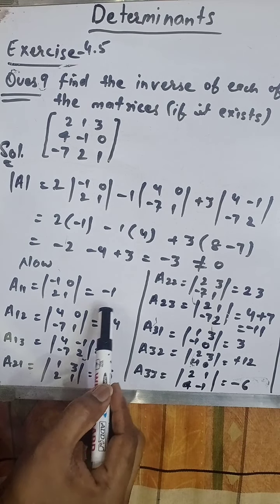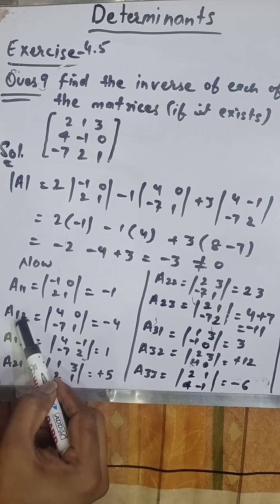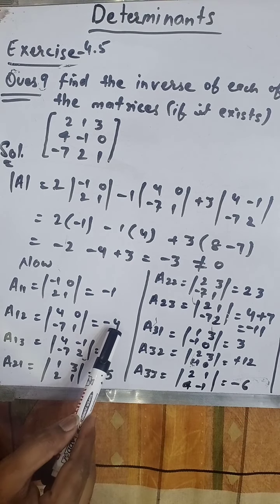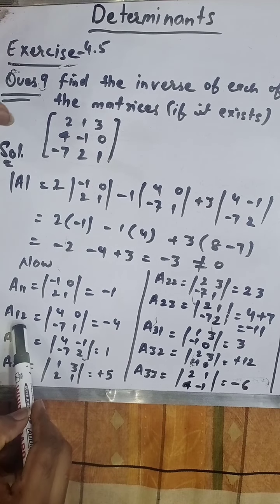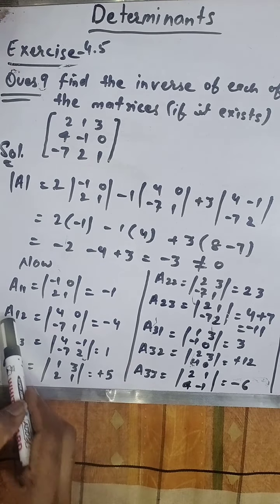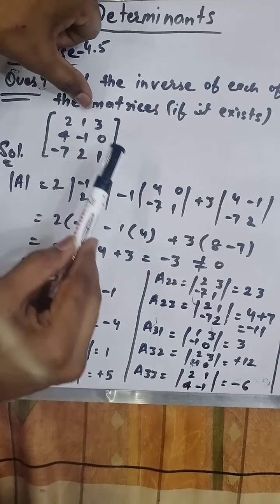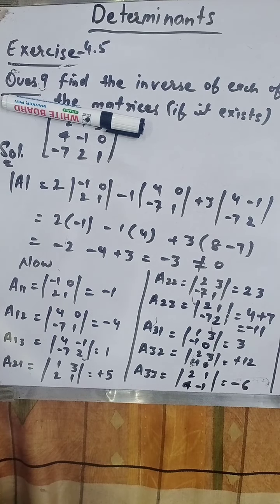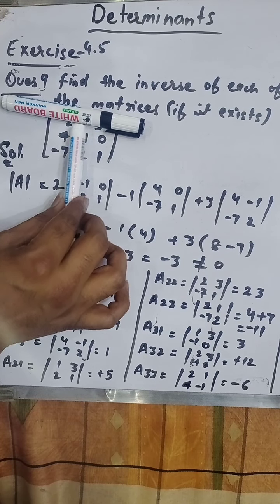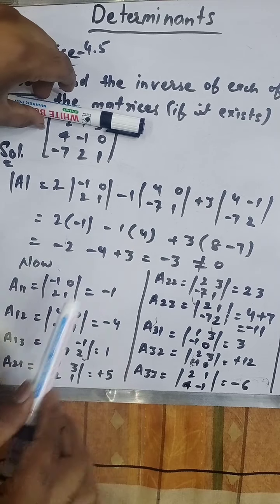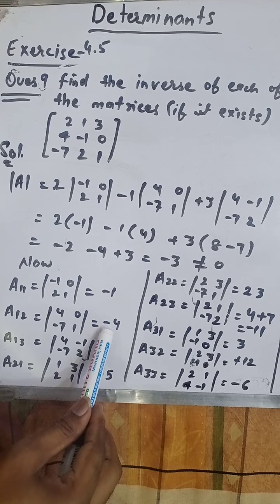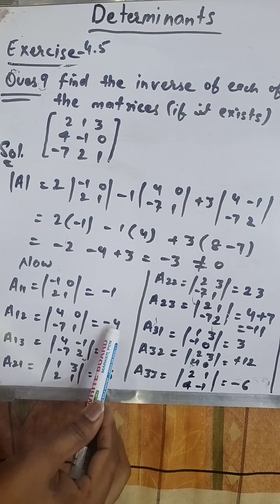So it is -1. No need to change the sign. For 1 2, the sum 1 plus 2 is odd, and you have to write all the remaining 4 elements. This I'm explaining, and the rest you have to solve. Suppose we have to find A12. A12 is position 1 2, so you have to hide this row and this column. 4 -7 0 and 1 are coming, and you will get 4, but here you get -4, because the sign changes as it is at an odd position.